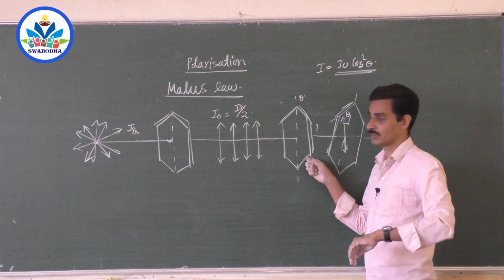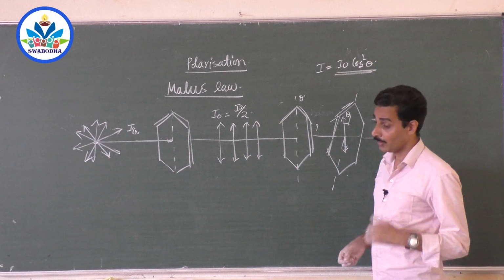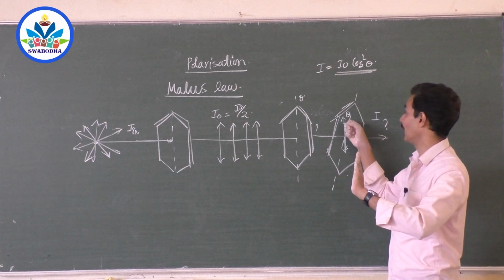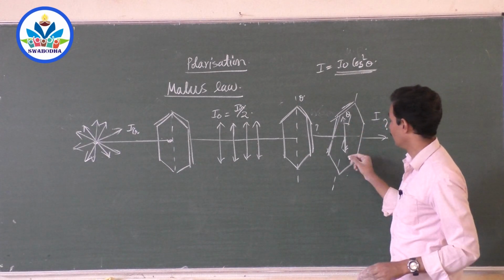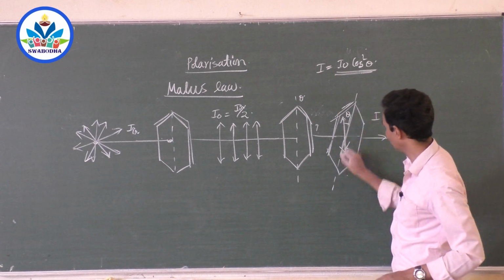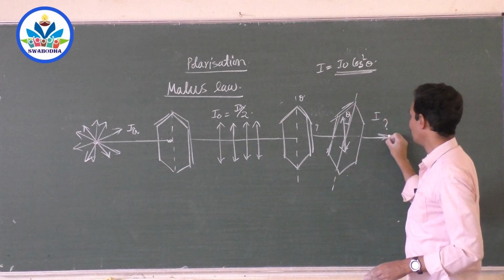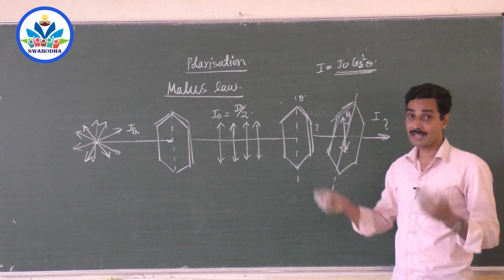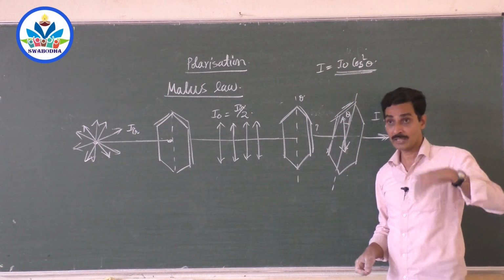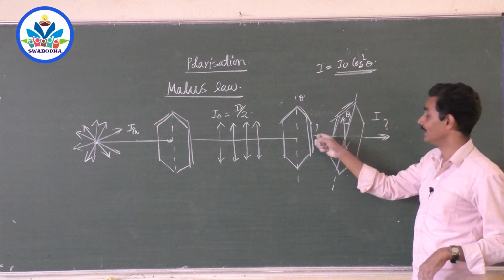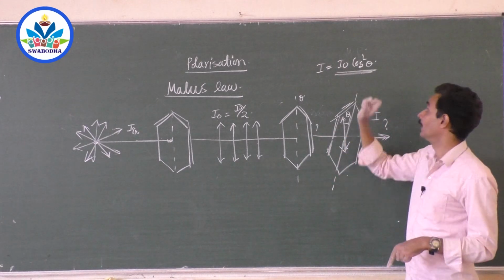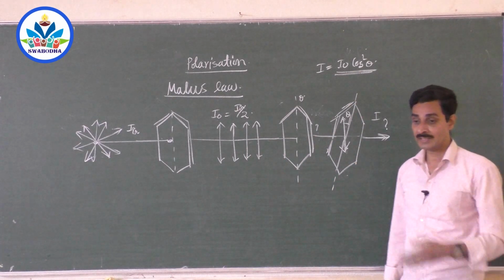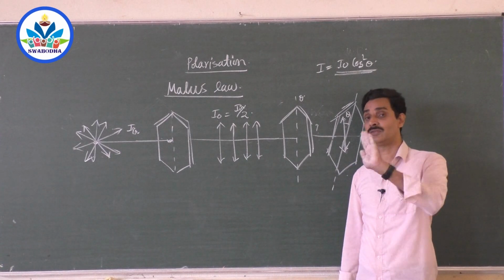Now comes Malus law. Whenever a polarized light is incident on an analyzer, whose axis makes an angle theta with the electric field vibration, then the outcoming light's intensity is given by I is equal to I naught cos square theta, where I is the intensity of the light coming out of the analyzer, and I naught is the intensity of the incident polarized light, and theta is the angle between the axis of the analyzer and the electric field vibrations.